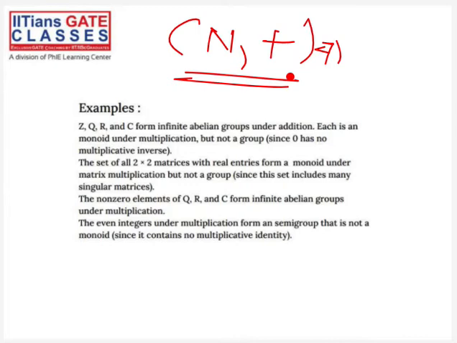Aditi, you are saying that it is abelian. So you know the five properties that an abelian group must satisfy. Those five properties are closure property, associative property, identity element, inverse element, and commutative.